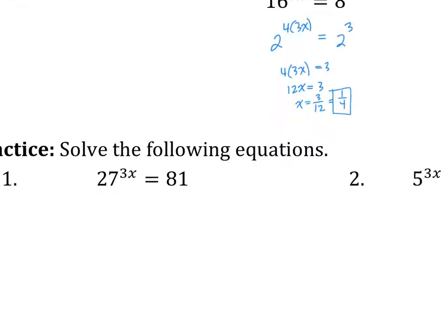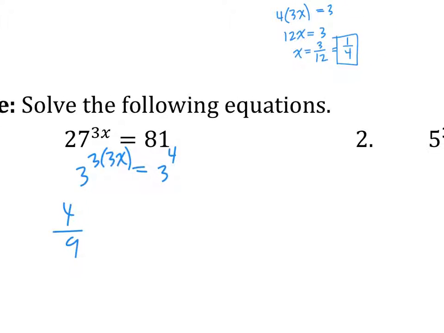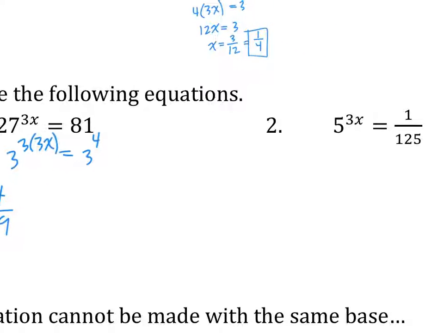All right, number 1. Allison, what'd you get? 4 over 9? Okay. Yeah, so 27 is 3 to the 3rd, so that times that 3x there. 81 is 3 to the 4th, so then we make them equal to each other, 4 over 9. Trey, number 2. -5/3.